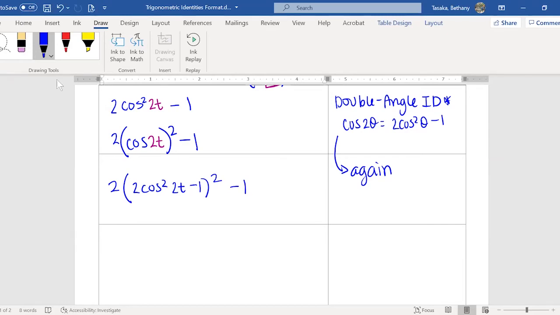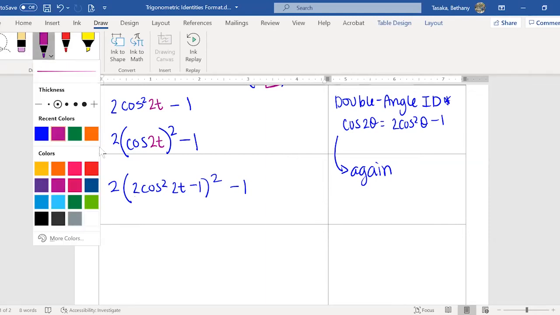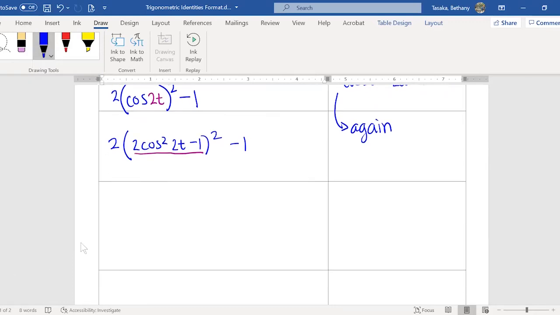Okay, do we see that transition, right? That 2t gave us this entire inner thing right here. Now just clean it up, right? So I see that we can square that. So this becomes 2 times 4 cosine to the 4th of 2t. It'd be minus double, so minus 2, that'd be 4 also, cosine squared 2t plus 1 with that minus 1 outside.